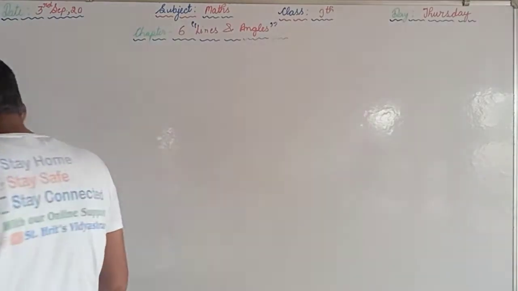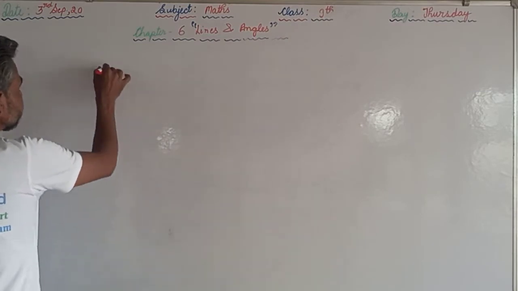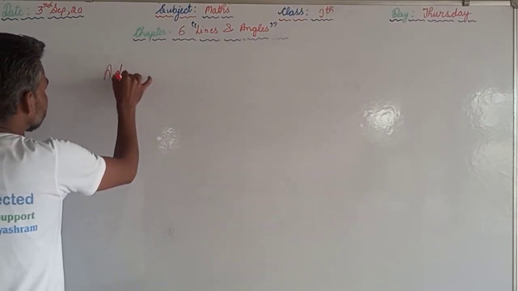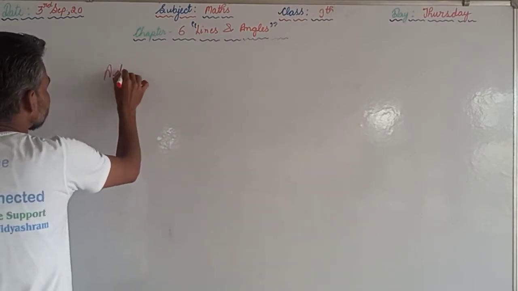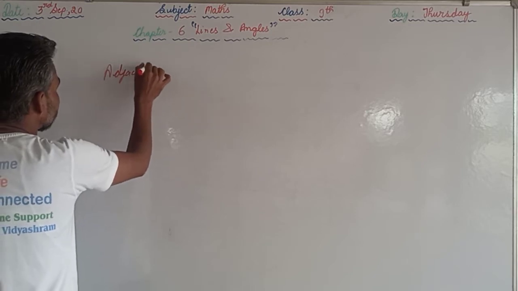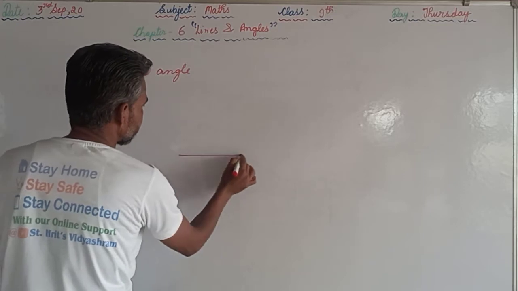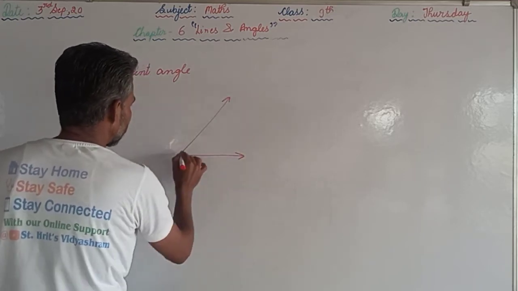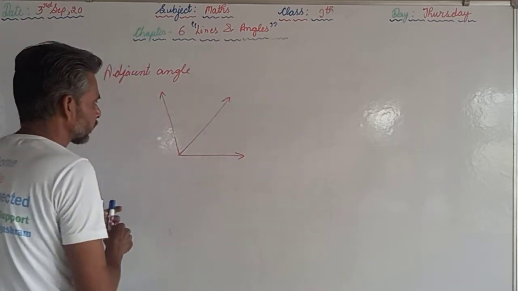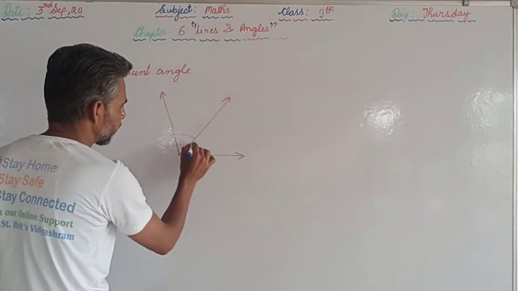Afterwards, adjacent angles. Adjacent angles means if any two angles are there, one angle is this and one angle is this.